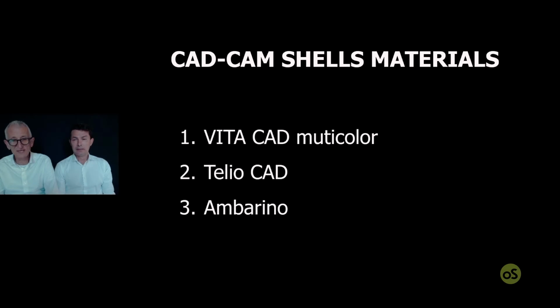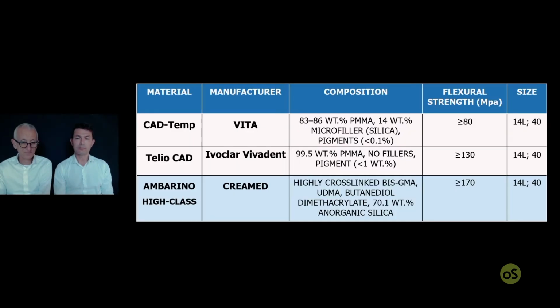Okay. The last material that we present you is Ambarino. Ambarino is the commercial name of what is also known as hybrid ceramic. Why is that? Because it is basically half PMMA and half inorganic silica in volume.